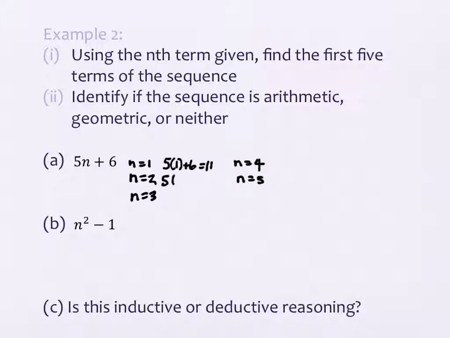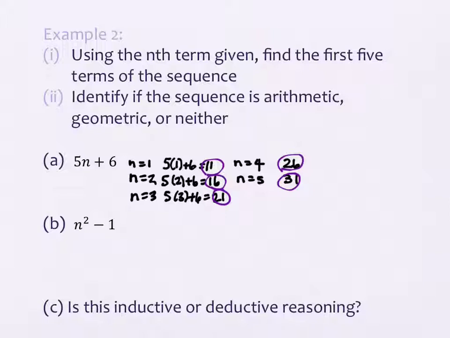Then we plugged in 2, and you got 16, then you plugged in 3, and you got 21, then 4, and you got 26, and then 5, you got 31. Whether you showed all of those additions or not was not necessarily the point, but these are the 5 numbers that you should have gotten.